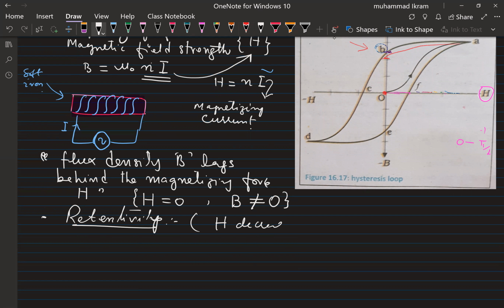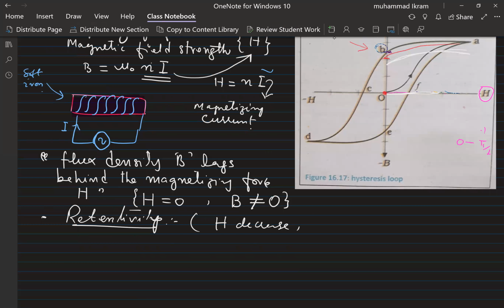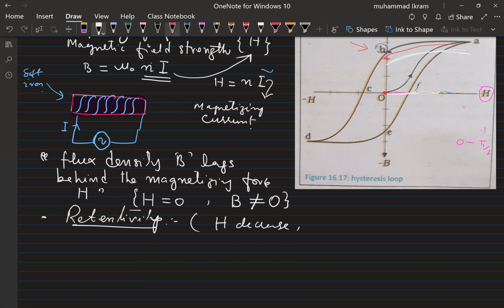As you see, H decreases, but B also decreases, but does not become zero.